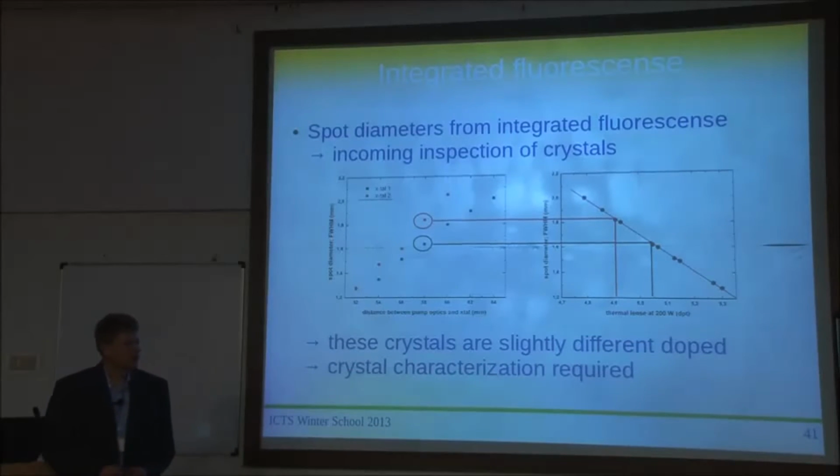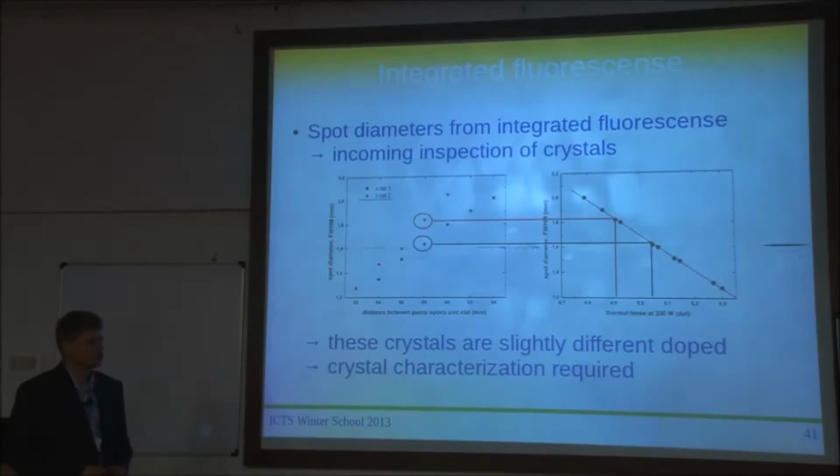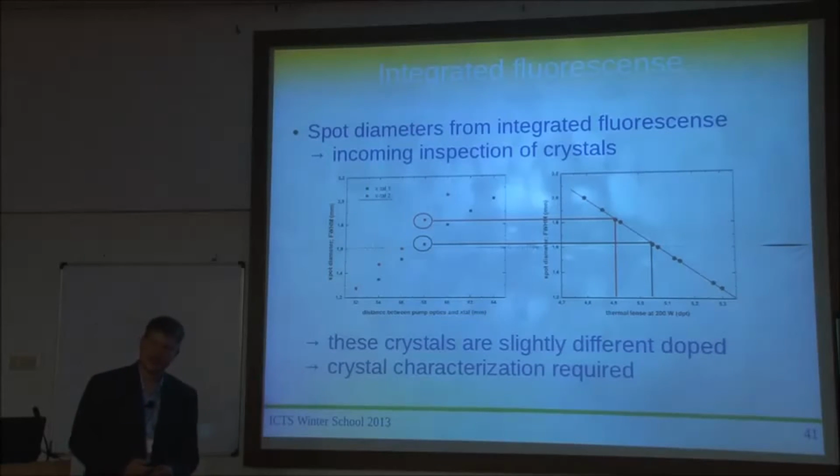So if you do this measurement for different crystals, then you can change the position of the crystal, as I've shown you before, and then you can analyze what the spot diameter looks like. And of course, the spot diameter depends in this case on the absorption, on the pump light spectrum, and so on.